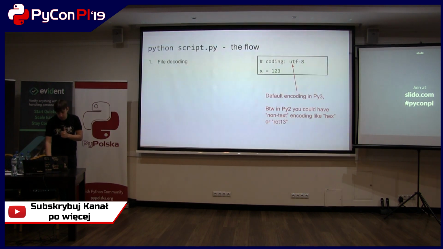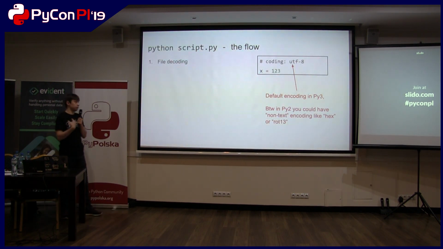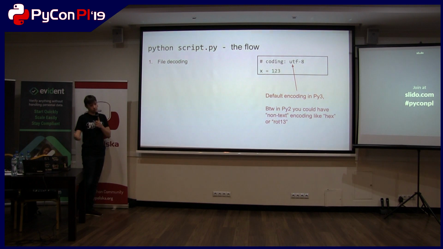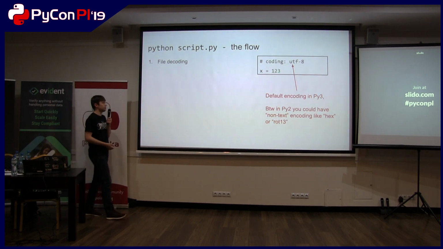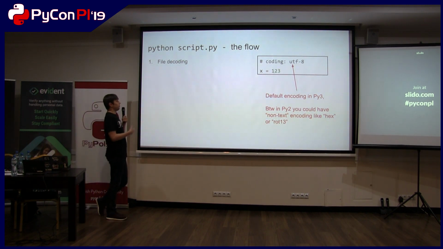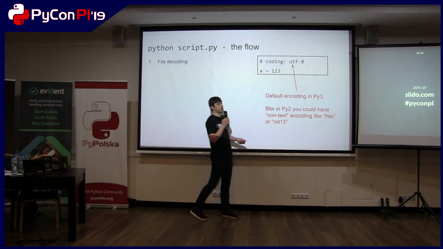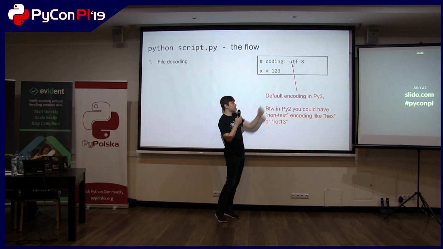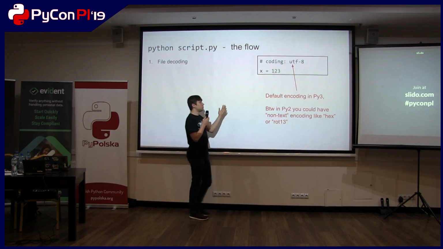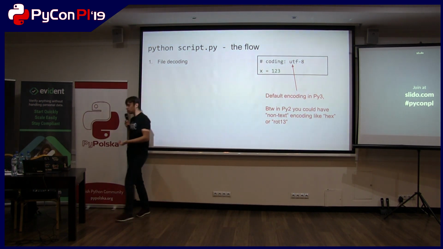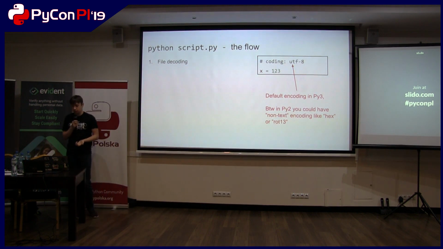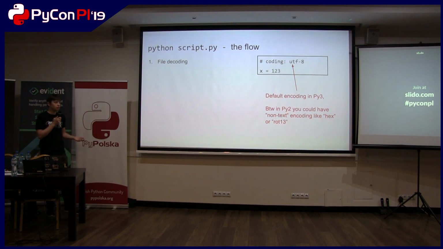But one of the interesting things that happens is file decoding. That's the thing that you had to specify in Python 2 as coding UTF-8. And in Python 3, UTF-8 is the default encoding, but in Python 2, you could actually have non-text encodings like hex or ROT13. Why would you need that? I don't know, but they removed it.